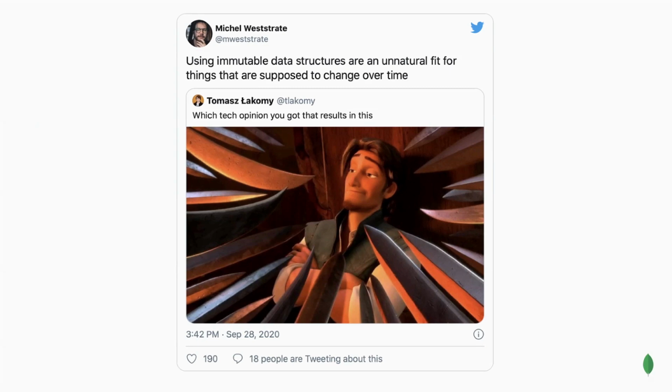And he also created one of the most popular immutable libraries called Immer. But what he says here is what would be an unpopular opinion to have, because it's against everybody else's opinion. And he says, well, immutable data structures are an unnatural fit for things that are supposed to change over time. That is an interesting statement. I mean, what does he mean by that?